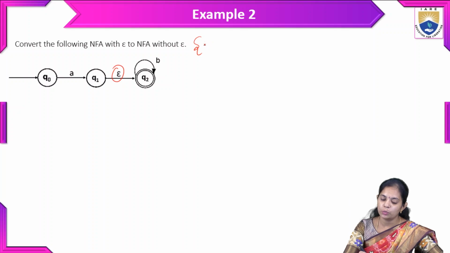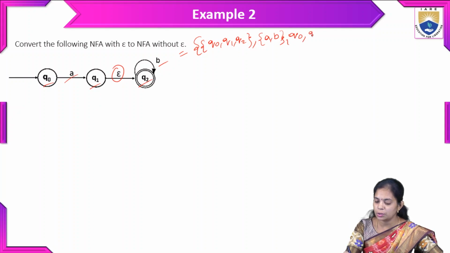So Q is equal to, we have the 3 states: Q0, Q1 and Q2. And next, the input values are a and b, so sigma is {a, b}. The initial state is Q0 and the final state is Q2.